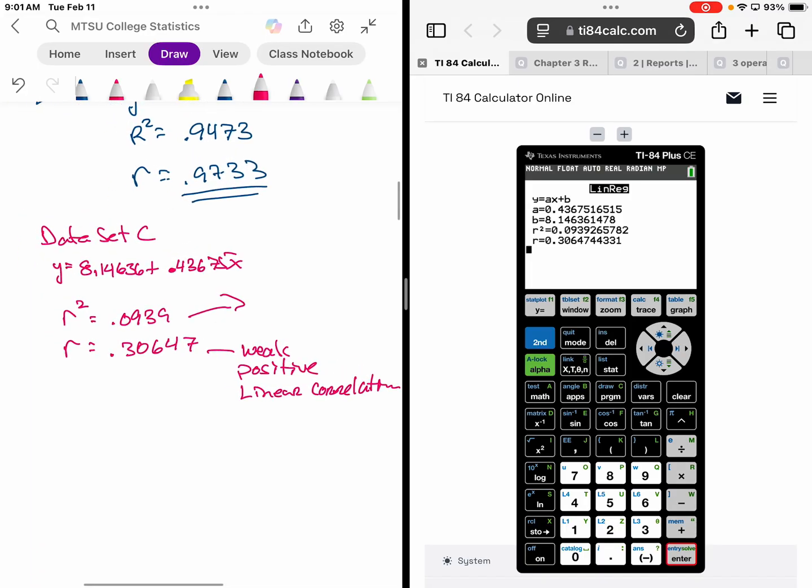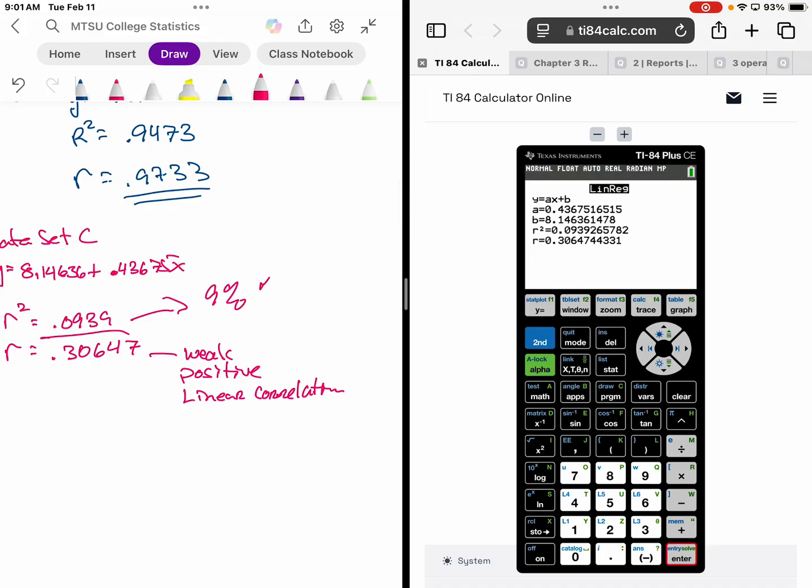Notice our coefficient of determination: only 9% of the variation is explained by that least squares regression line. That's what that's saying: 9% of the variation in the response variable. Now we're going to look at a true interpretation here as a definition in a moment. 9% of the variation in response is explained by the explanatory variable.